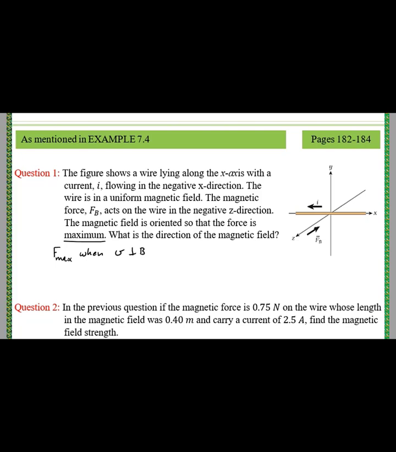So since the current is in the x direction and the force in the z direction, the magnetic field for maximum force should be in the y direction.